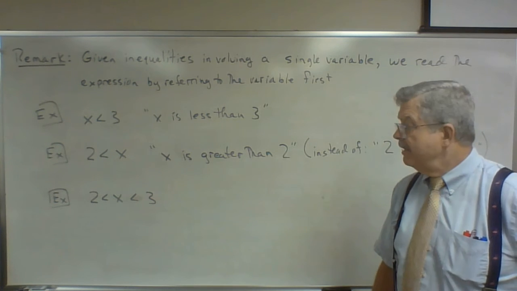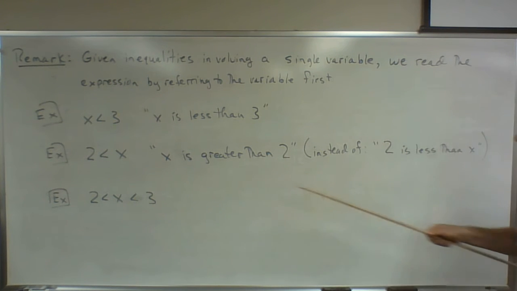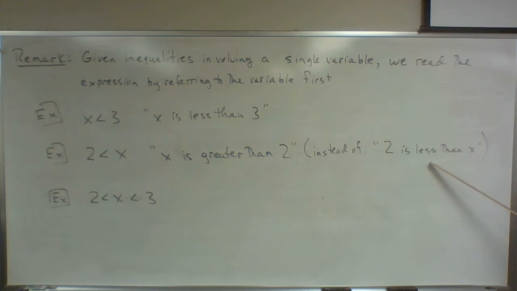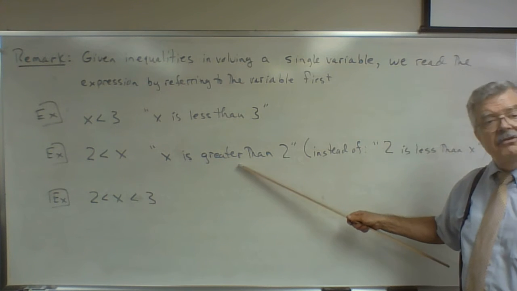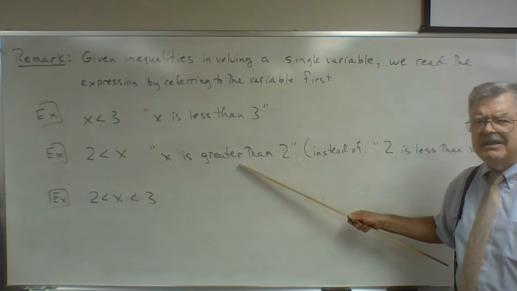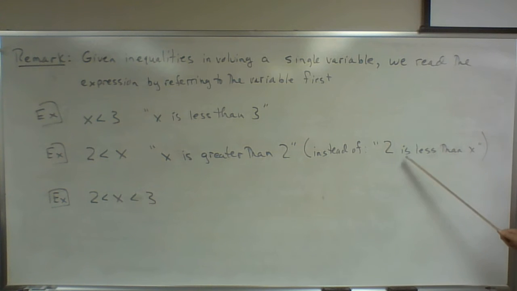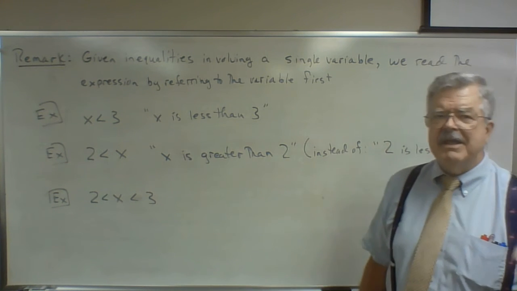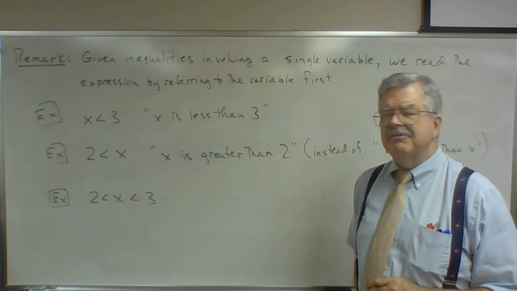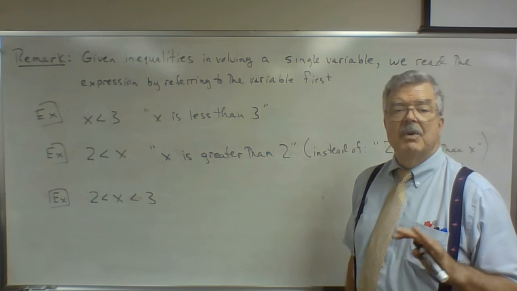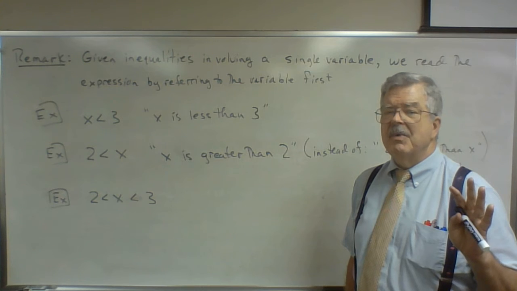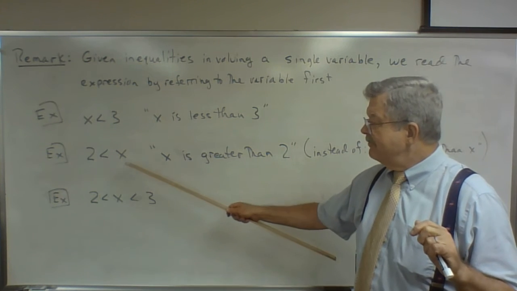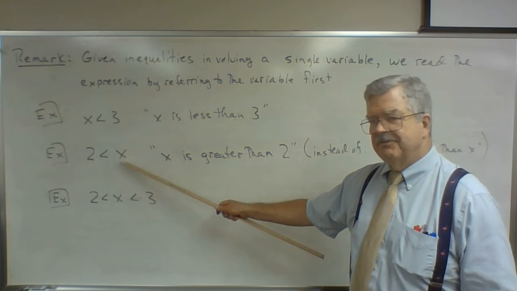By the way, both of these expressions are correct. x is greater than 2 is exactly the same thing as 2 is less than x. So why am I making such a big deal out of this? Because when we have a variable in an inequality, we want to refer to the variable first.